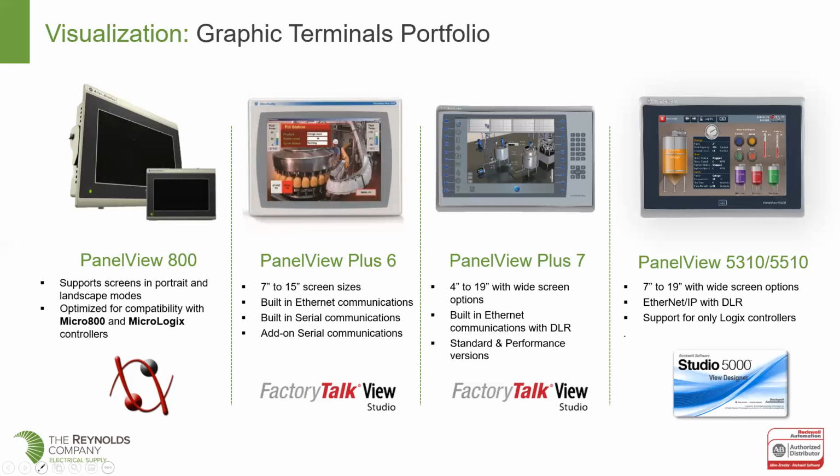So it was just an Ethernet port only on the PanelView Plus 7s. It should be noted that 6 and 7 both use FactoryTalk View Studio Machine Edition to develop the applications, and you can easily take a PanelView Plus 6 application and convert it into the 7. It's both using the same development software.